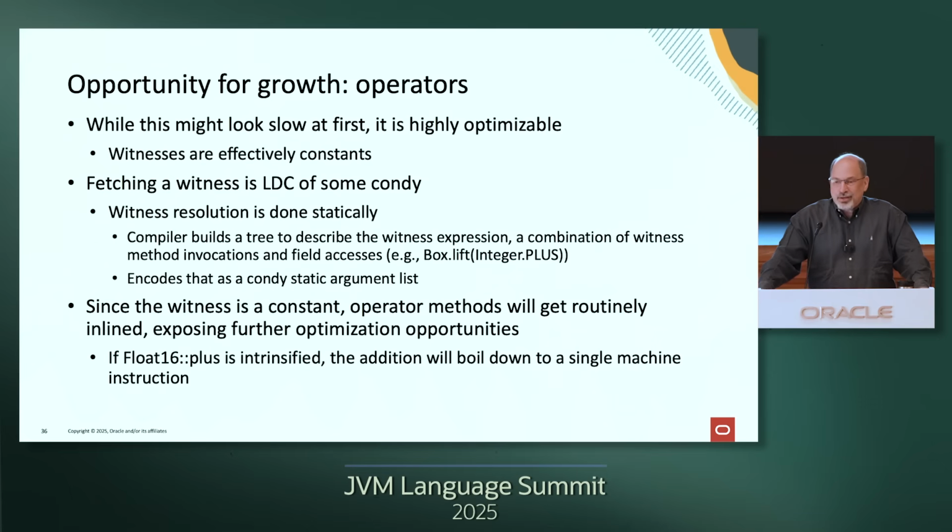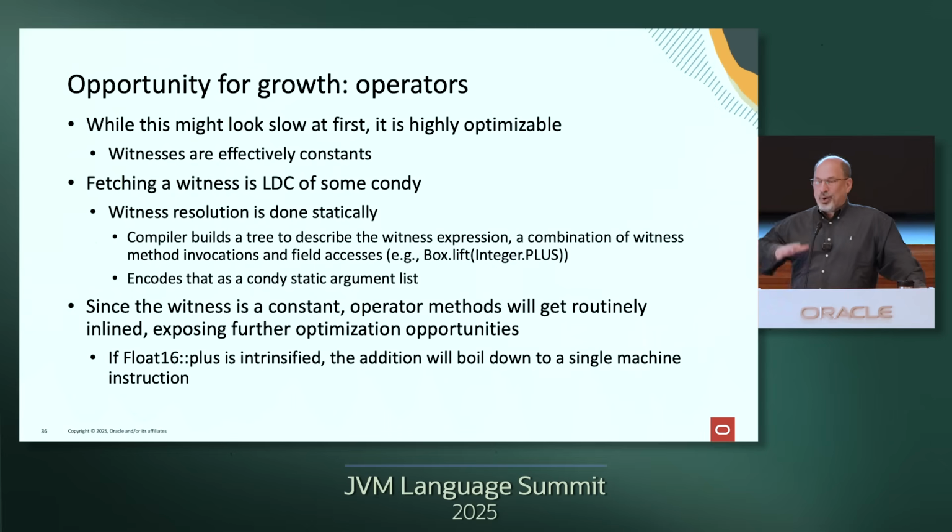The JIT knows that the methods on that constant object are monomorphic and will be very willing to inline through those and then discover, oh, I have an intrinsic for Float16.plus. That's going to boil down to this operation in this Intel instruction set, and we're going to end up with a single instruction out of that.